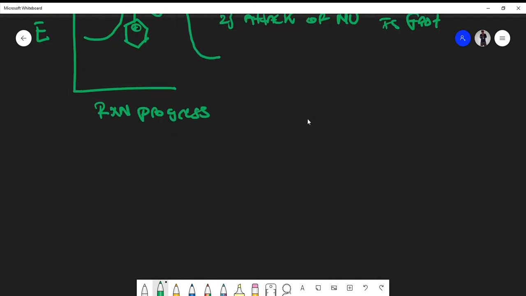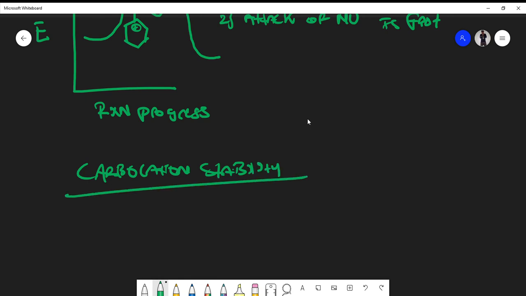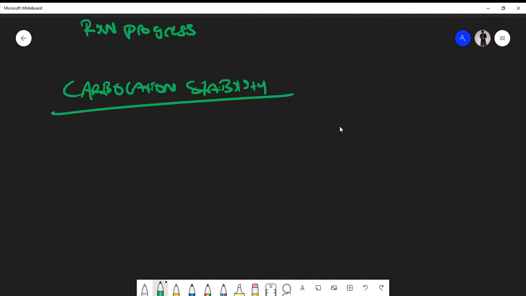Right? Now let's talk about carbocation stability. This is an important concept. Remember, in the SN2 video, we said never do SN2 chemistry on a tertiary alkyl halide. With respect to carbocation stability, a tertiary carbocation is way more stable than a secondary carbocation, which is more stable than a primary carbocation, which is way more stable than a methyl carbocation.